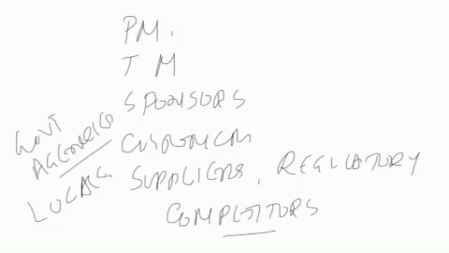So the list can be elaborate and will vary from project to project. So a stakeholder is anybody who is affected positively or negatively by doing a project or by not doing a project or by delaying a project can be treated as a stakeholder.